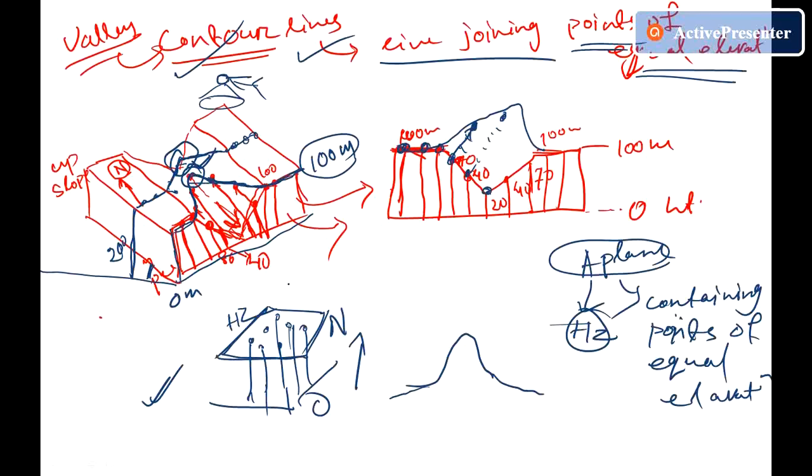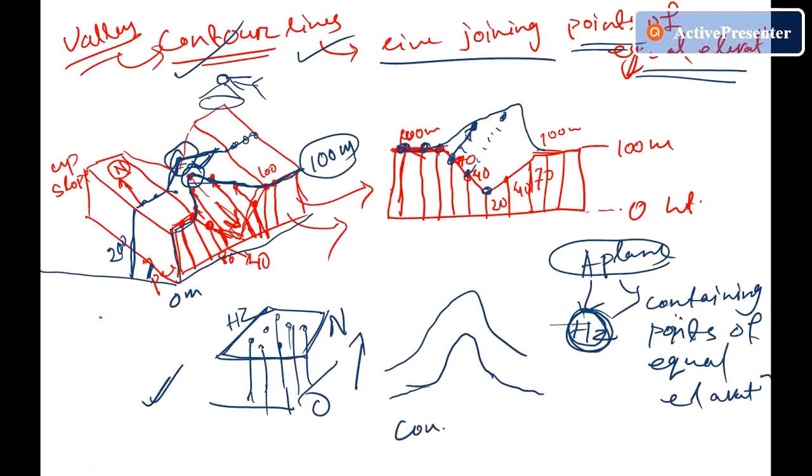So again, for a horizontal plane, the pattern which is followed by the contour, I have told you the contour will point towards upstream. You can see this time. Let me write somewhere so that you will understand.